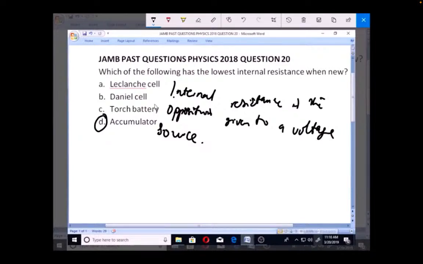So it's most likely the one that has the least internal resistance, because the Leclanché cell and Daniell cell are smaller versions of battery cells, even the torch battery. But the accumulator is what you use in big automobiles and in houses. So D is the correct answer for this. Thank you.